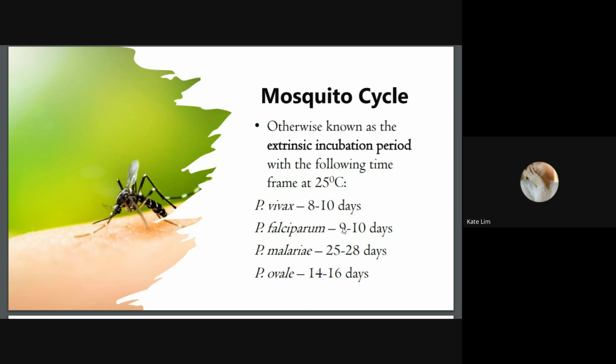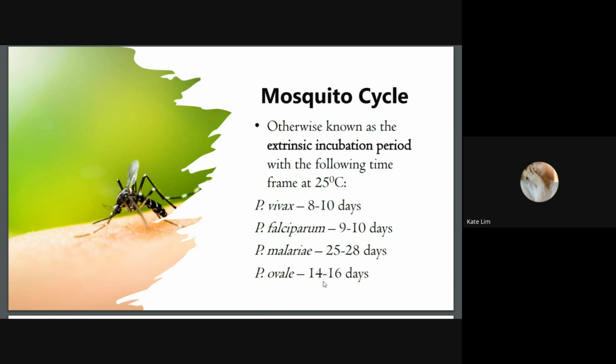For Plasmodium falciparum, take note that Plasmodium falciparum is the most dangerous and potentially the most fatal species of Plasmodium. Its period is slightly longer than Plasmodium vivax. It takes 9 to 10 days. Now, Plasmodium malariae, among the four clinically significant Plasmodium species presented to you, has the longest extrinsic incubation period, about 25 to 28 days.